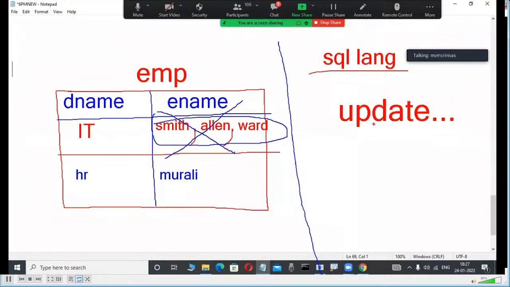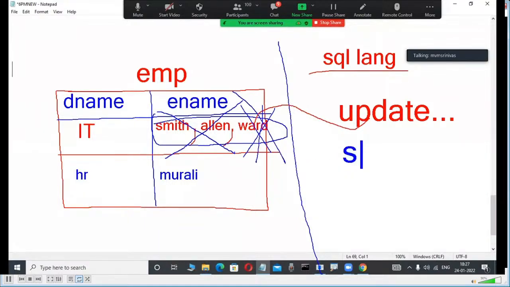Through this update command, I try to modify only a single employee name from these multiple employees. Impossible. This update command is not working. Whenever multiple values separated with comma are there, modifying a single value from these multiple values through update is impossible. That is a problem.